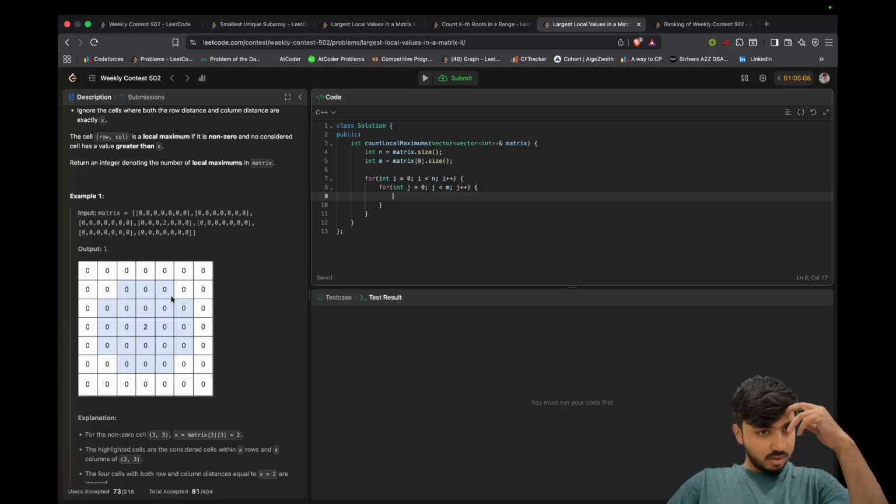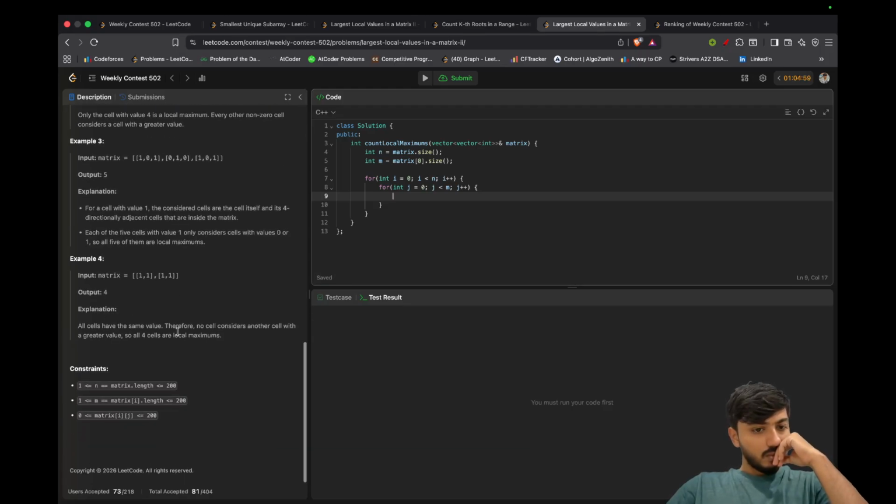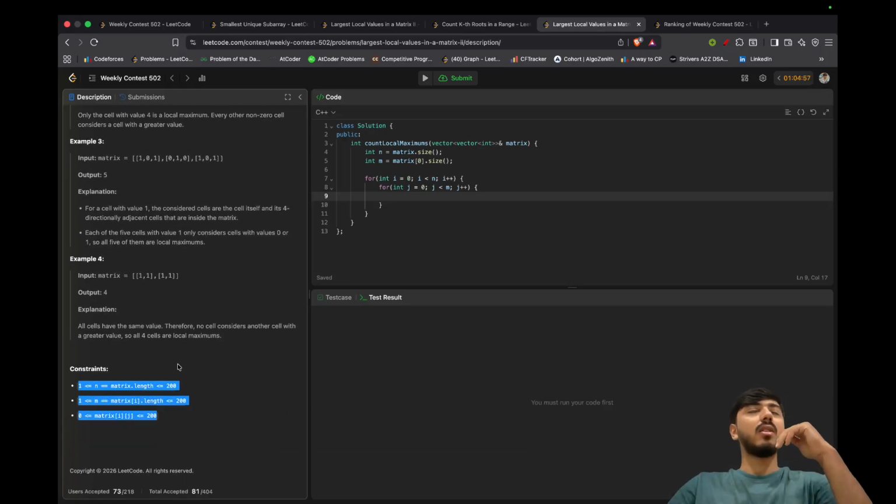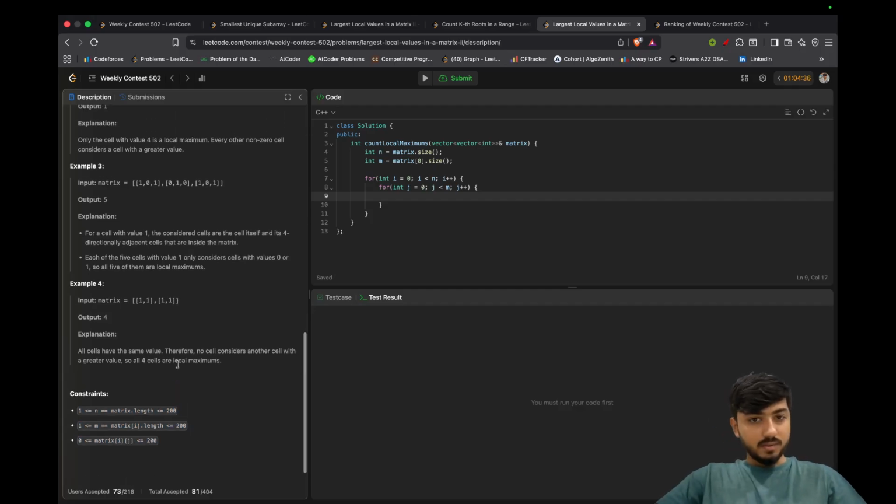The constraint is pretty low, so we have to think accordingly. I can go n cube, right? That is 10 to the power 6 into 8. Yeah, this is feasible. N cube is a feasible solution.